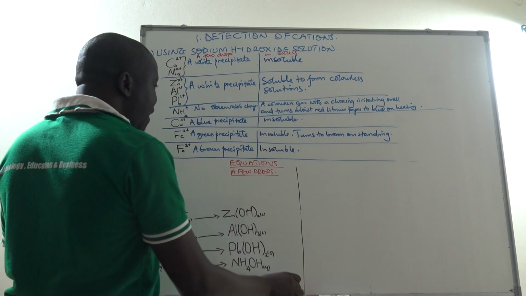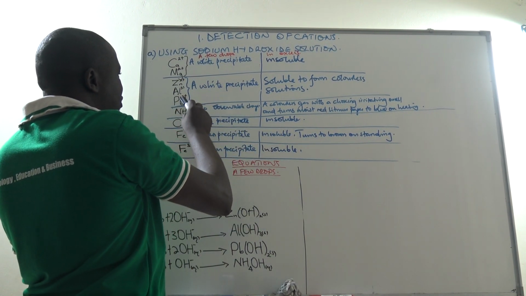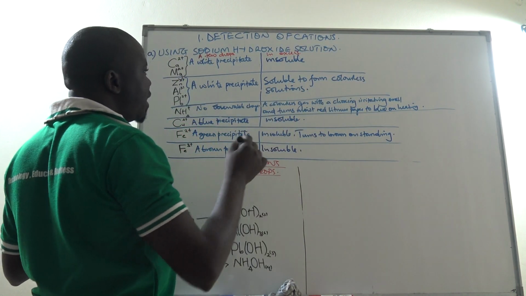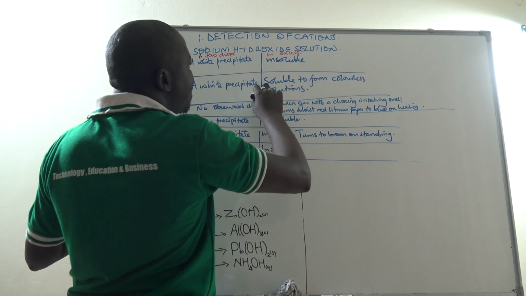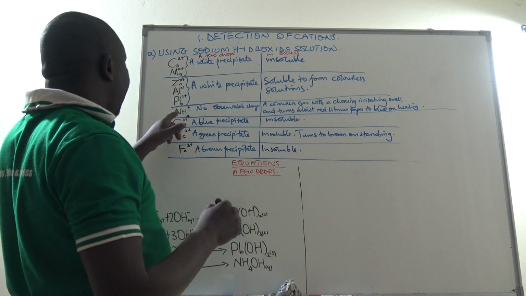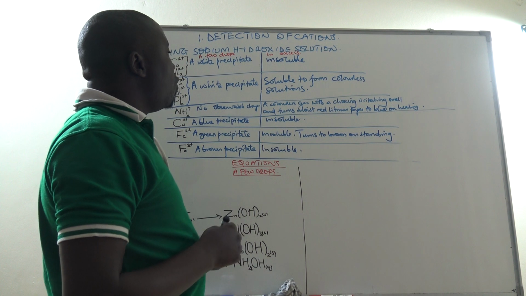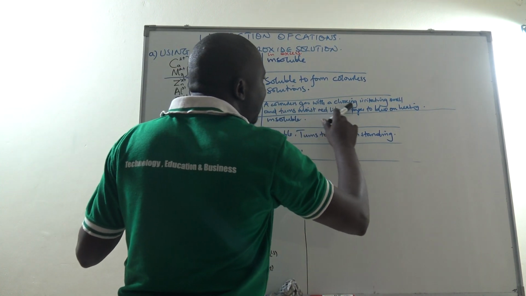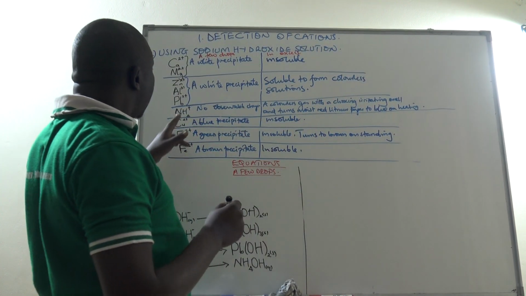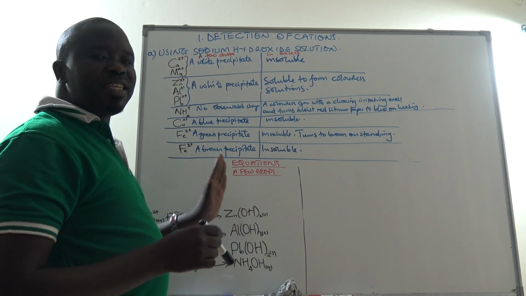So we can see clearly from here that zinc ion, aluminium ion, and lead ion give us a white precipitate, and in excess there is a different observation: the precipitates are soluble in excess to form colorless solutions. And then with ammonium ion, there is no observable change, but in excess we are able to get ammonia gas on heating. So we are going to zero in on these and see the reactions that they undergo.